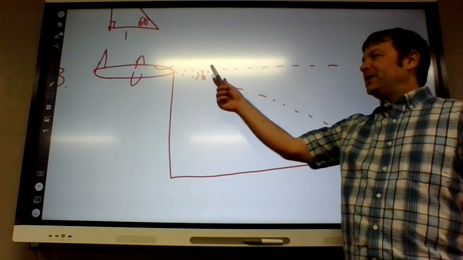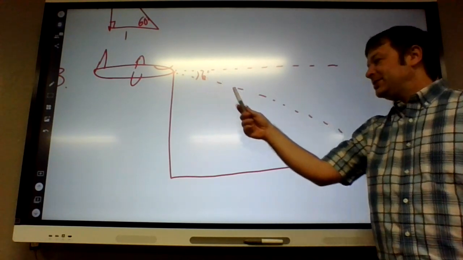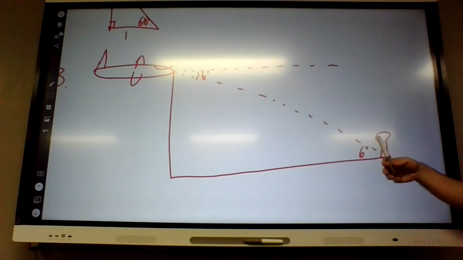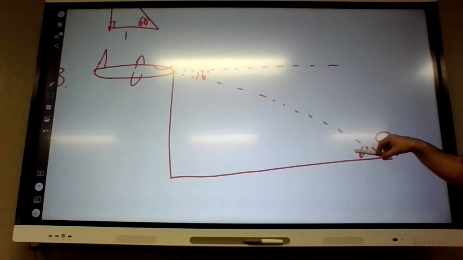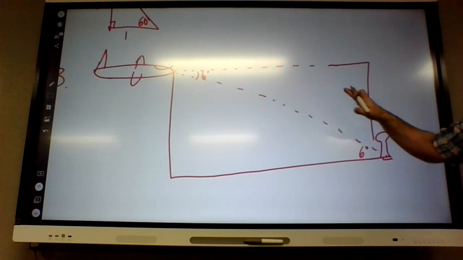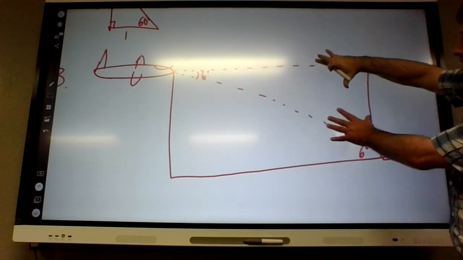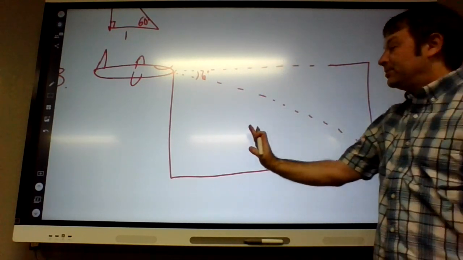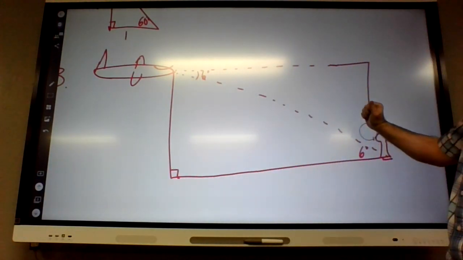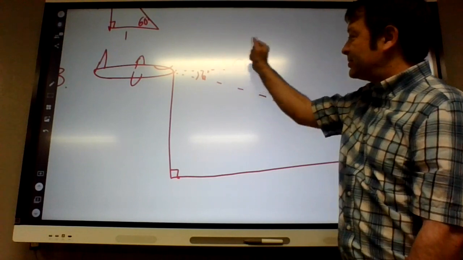So if the angle of descent is 6 degrees, the angle of elevation, the angle of the guy looking up, would also be 6. So it makes 2 right triangles. You could use this right triangle on top. Usually I use the one on the ground, but they're identical triangles.